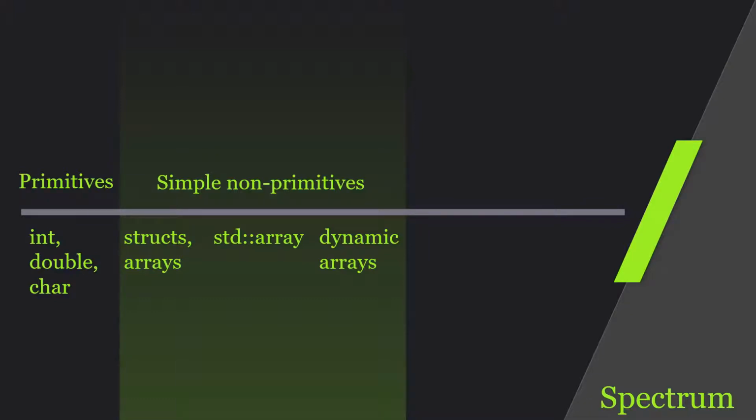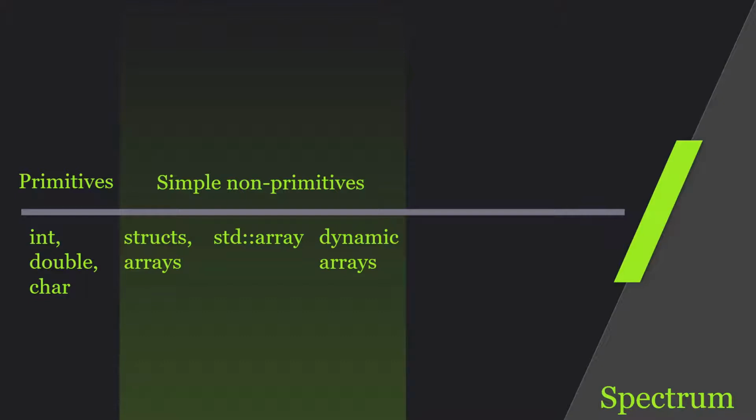We move up a little higher on the spectrum, we get to our class array out of the standard library of C++. And that has everything an array has, but we have a few extra pieces of functionality and a little bit of extra information like knowing the size. So that's why I would say it's a little bit more to the right on this spectrum. And then if we keep going, maybe dynamic arrays would show up here.